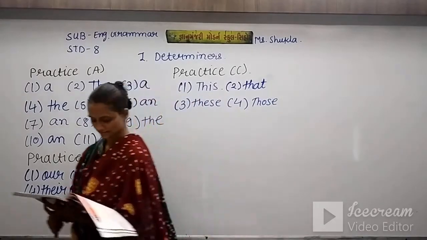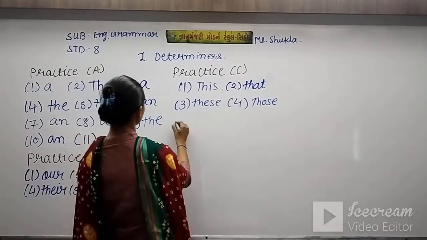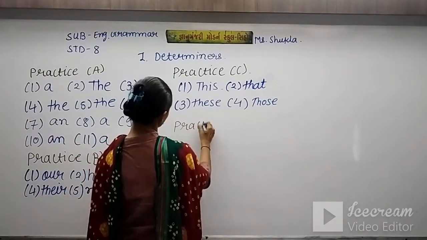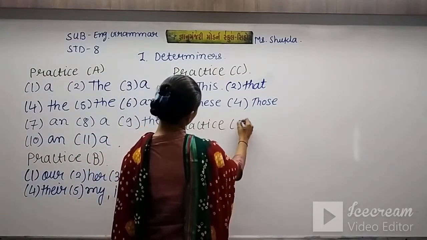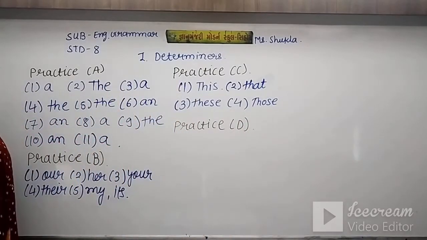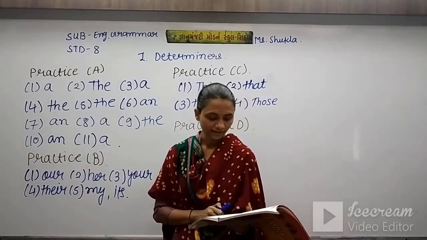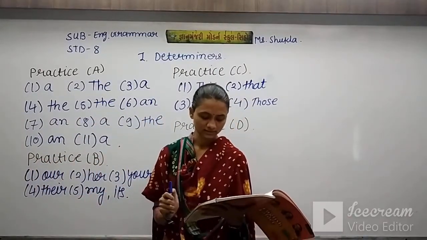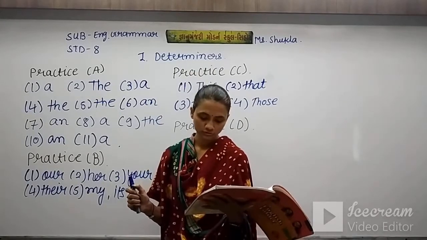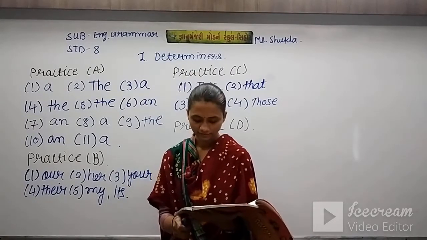Now practice exercise D. Fill in the blanks with each, every, either or neither. There are 2 AC buses from the airport to the city center. Blank are.